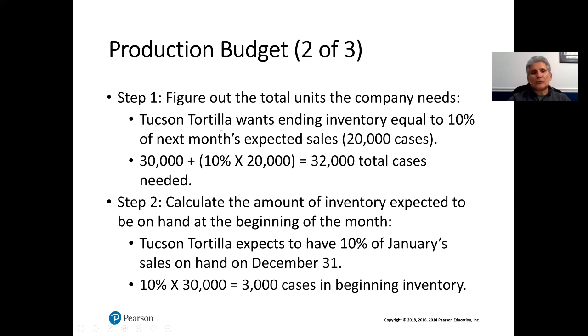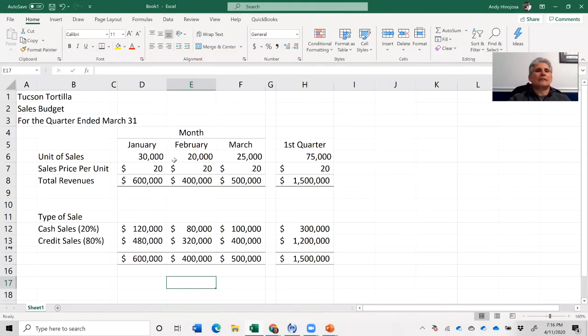We know that Tucson Tortilla wants ending inventory to equal 10% of the next month's expected sales. So in this case, that's going to be 20,000 cases. What that means is that we know in January, well, how do we get 20,000 cases? Well, let's go back to our spreadsheet.